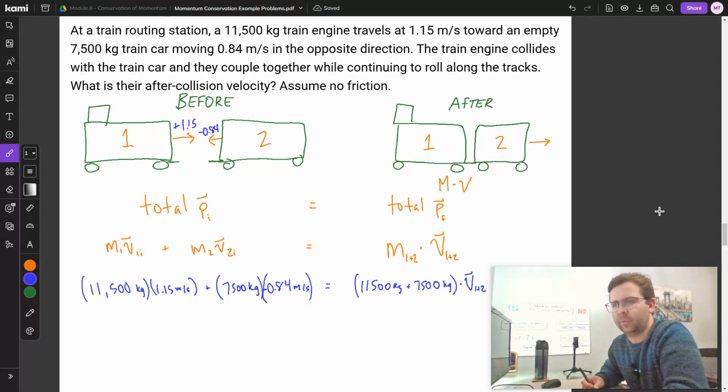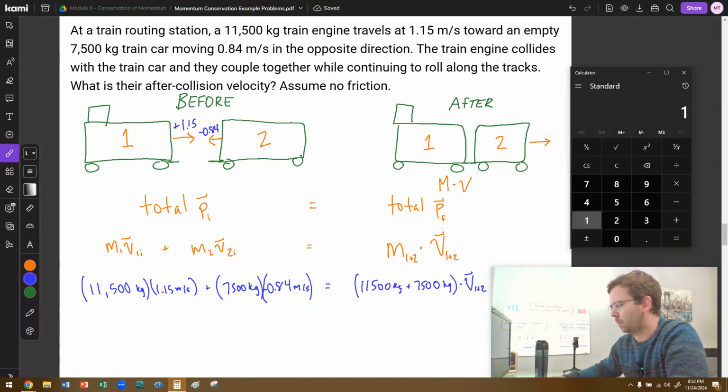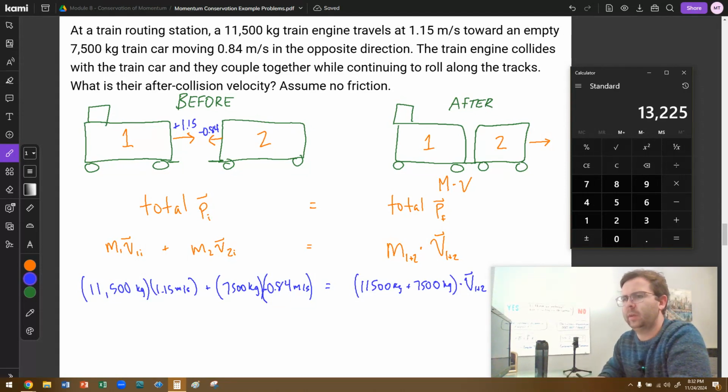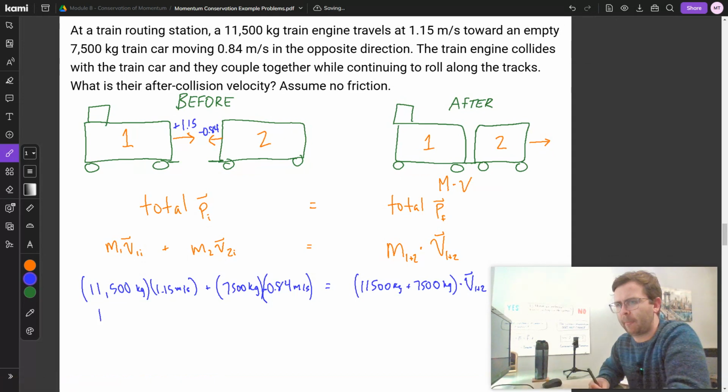So now with that in place, we're ready to start multiplying. We're going to need a calculator for this one. So 11,500 times 1.15 is 13,225. Looks like we have three significant figures here, so we're going to do 13,200 kilograms times meters per second.